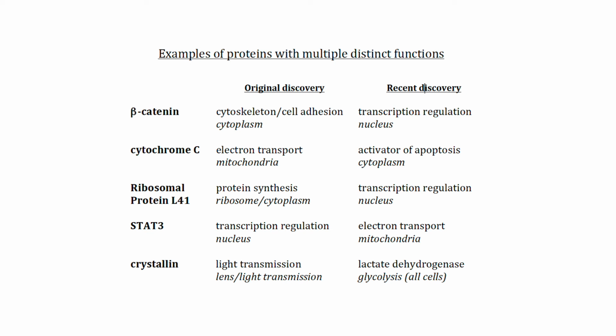So we figured, okay, we know what it does. And then all of a sudden, people who were starting to study apoptosis, programmed cell death, found that cytochrome C, the same cytochrome C that is electron transport, the same cytochrome C gets out of the mitochondria and then participates in activating a series of proteases that precipitate apoptosis. So it has multiple functions.